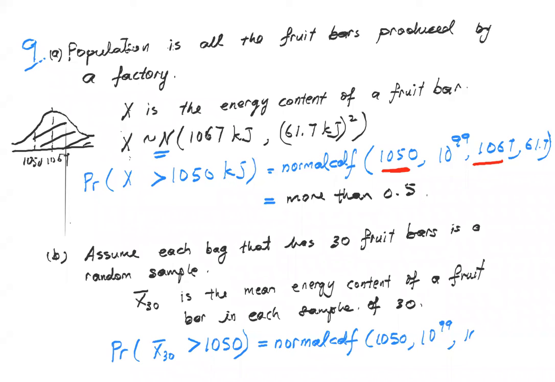The only thing you need to change is 61.7 divided by what? The square root of 30. Yes, you are right. I keep asking you all this to make sure it sticks in your mind.